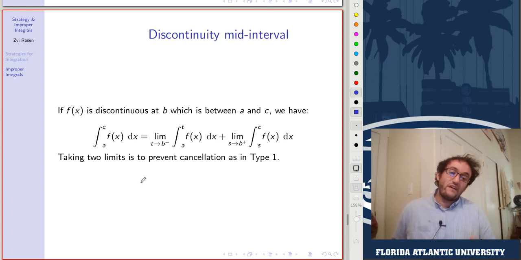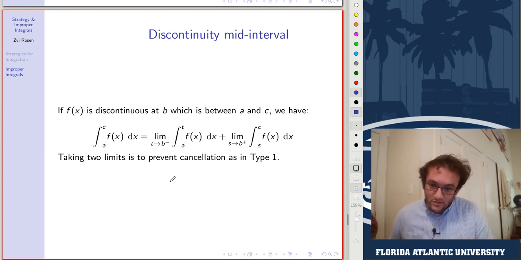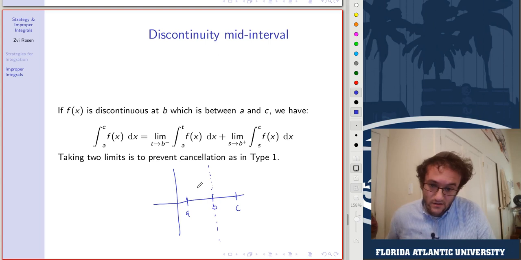We just want to have honest area being measured and not having some weird positive negative cancellation happening. And here's a quick cartoon of what's happening here. So if, let's say this is A and C, and here's B, and we have a discontinuity here. And let's say it looks something like this.